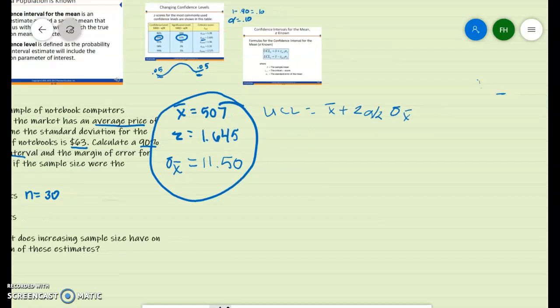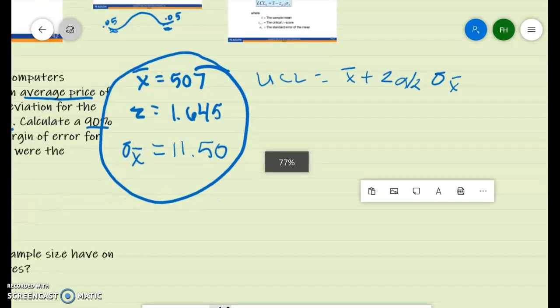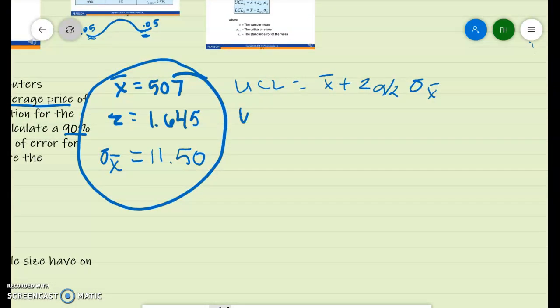So if we want to calculate our upper limit, we're going to do our mean, which is 507, plus our z-value, which is 1.645, and our standard error.